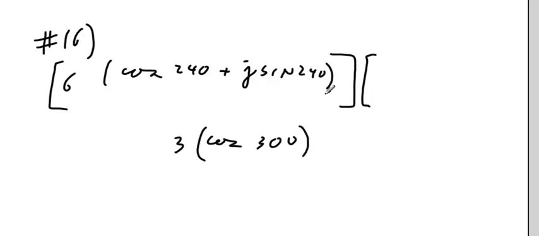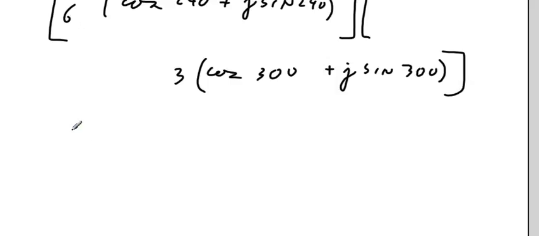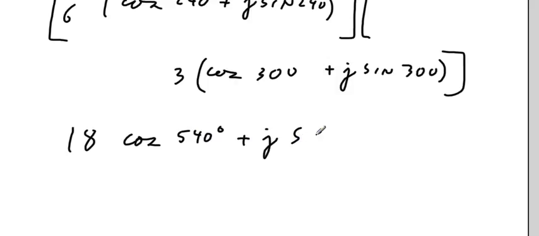That was an unfortunate use of parentheses there. Plus j sine 300. All right, so we know what 6 times 3 is, that's 18, and that's cosine of 540 plus j sine 540, and we probably wouldn't keep it in 540s, right?